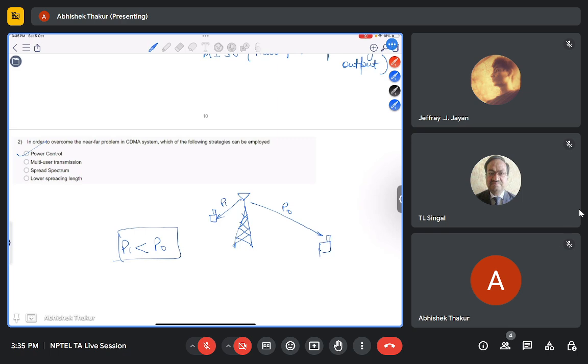So this is the power control in CDMA, in which the power transmitted for the user near to the base station should be less than for the user located far from the base station.